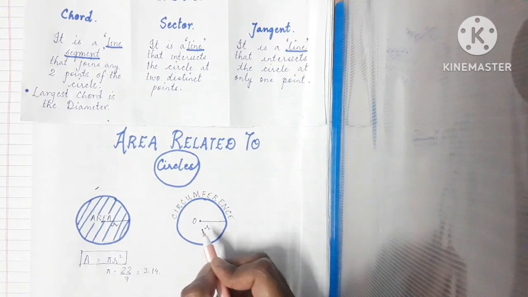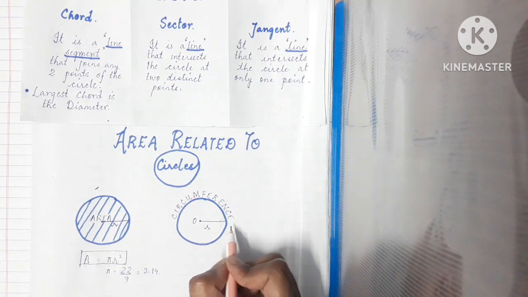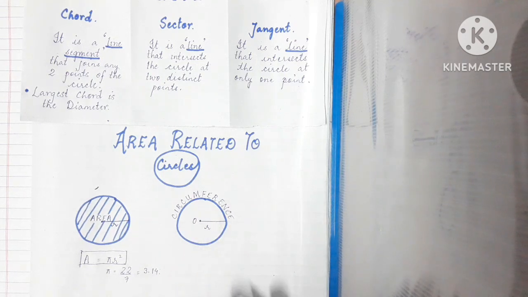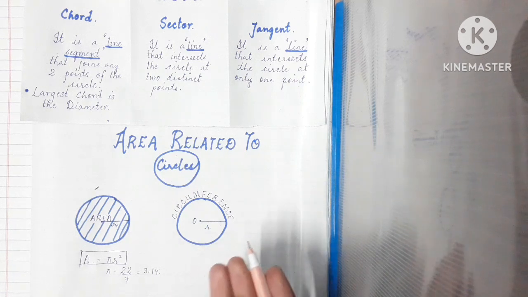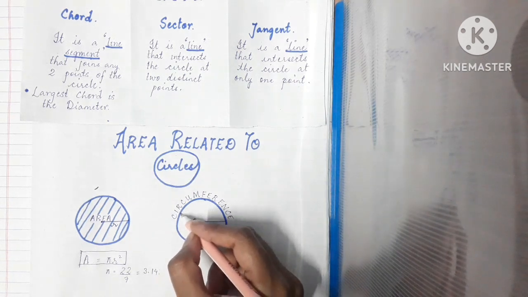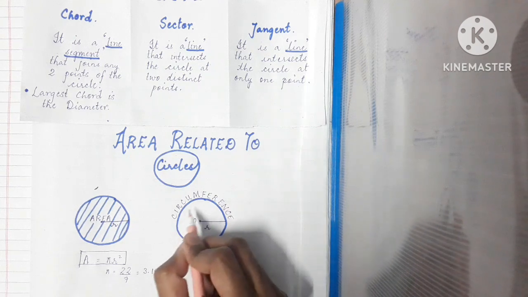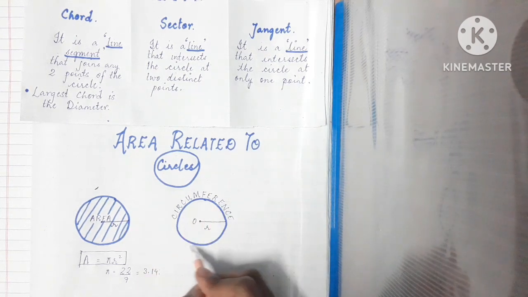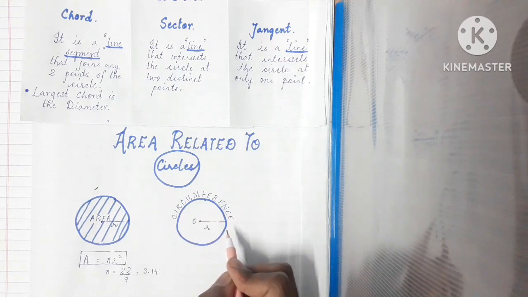Now next move on to the circumference. What is circumference? Circumference refers to the boundary of the circle, the length of the boundary of the circle. If I want to find the length of this boundary, then this length is called the circumference of this circle.